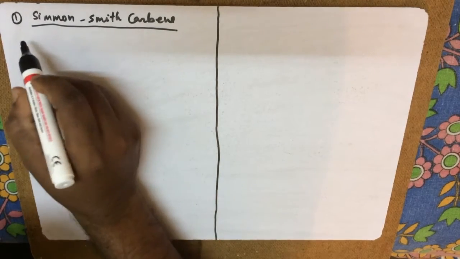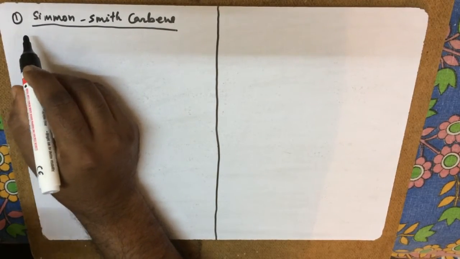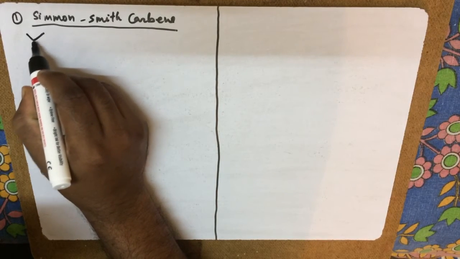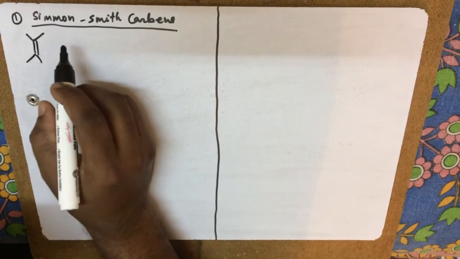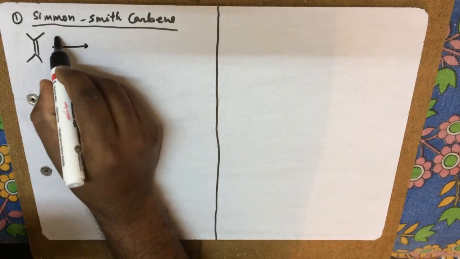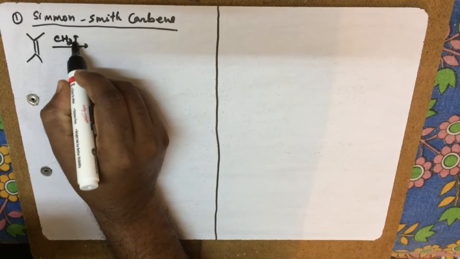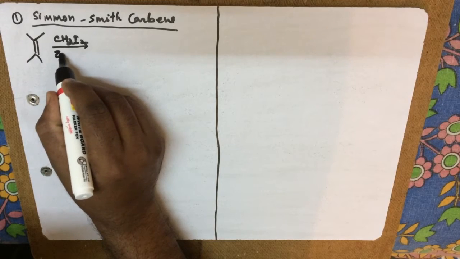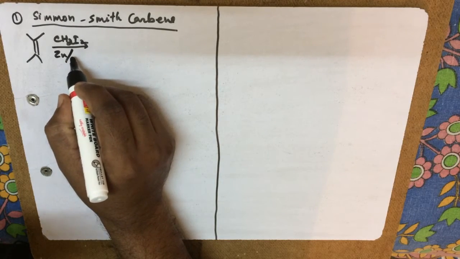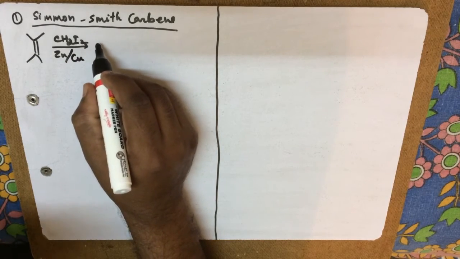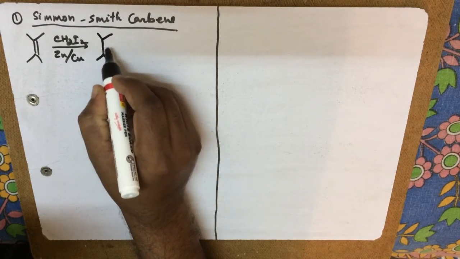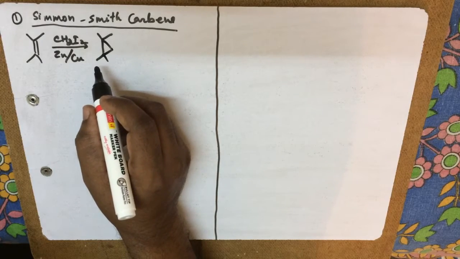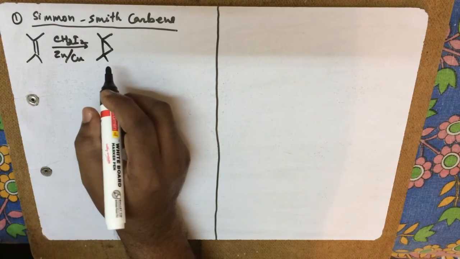It tells about when any alkene reacts with this CH2I2 reagent in presence of zinc copper metal, then it forms this product. Okay, this is cyclopropane of alkene.